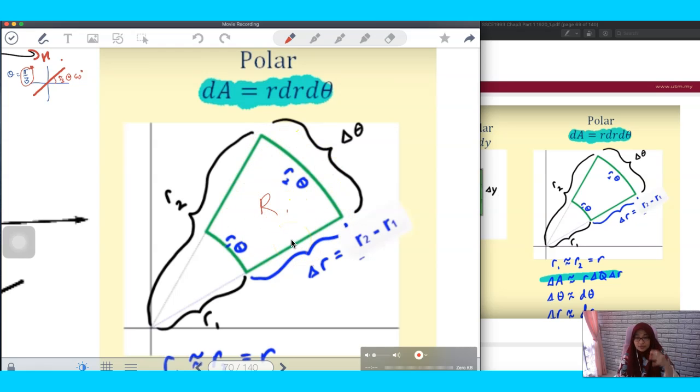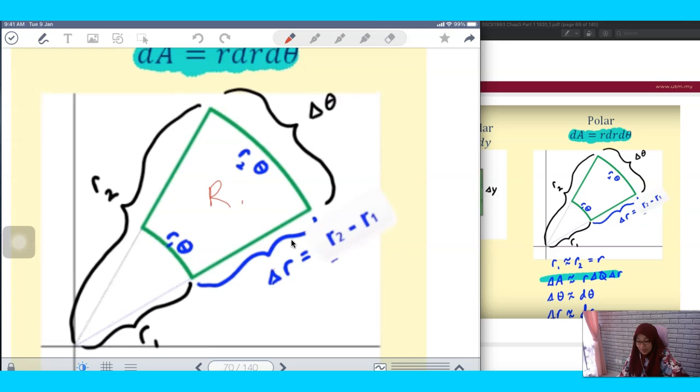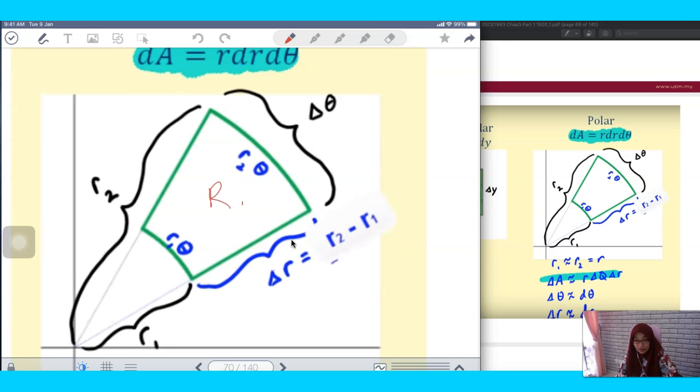And imagine this is very, very small, where r1 and r2 are approximately the same, because we are taking something very, very small. So here r1 and r2 are almost the same. Now we want to obtain the area of this region.